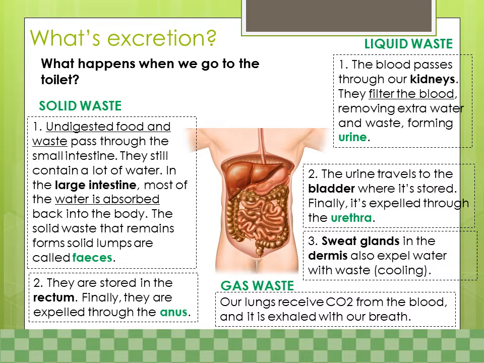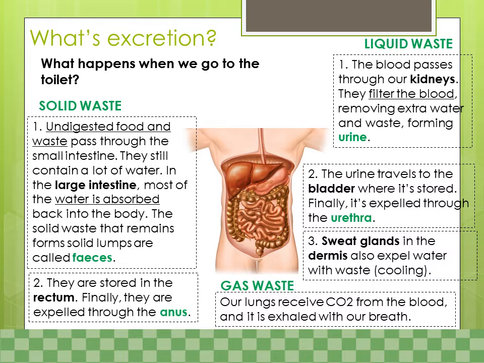And the solid waste that remains forms solid lumps that are called feces. The feces are stored in the rectum and finally are expelled through the anus. We have seen this part in the digestive system. Okay, but it's part of the excretory system.